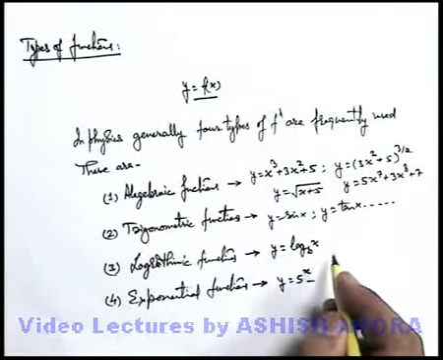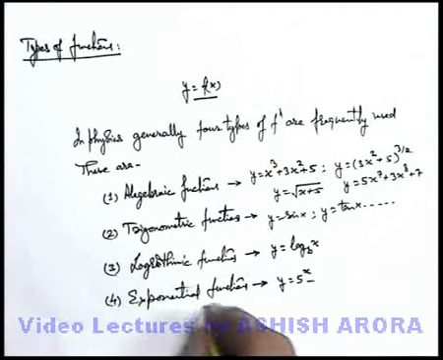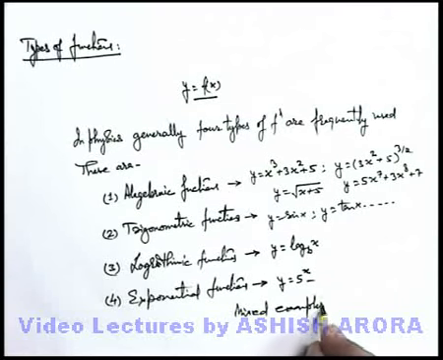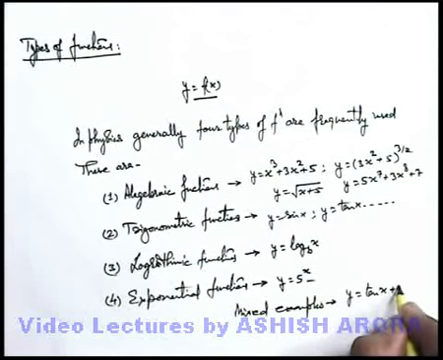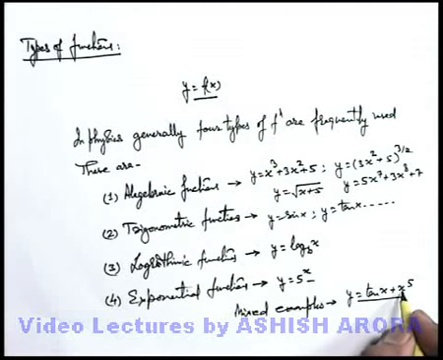We can also talk about mixed functions, where we can combine these functions. Mixed functions are like y is equal to 10x plus x to power 5. It is a mixed function which contains a trigonometric function as well as an algebraic function.